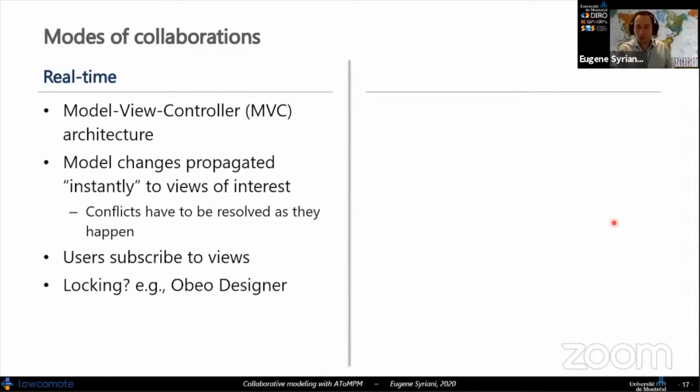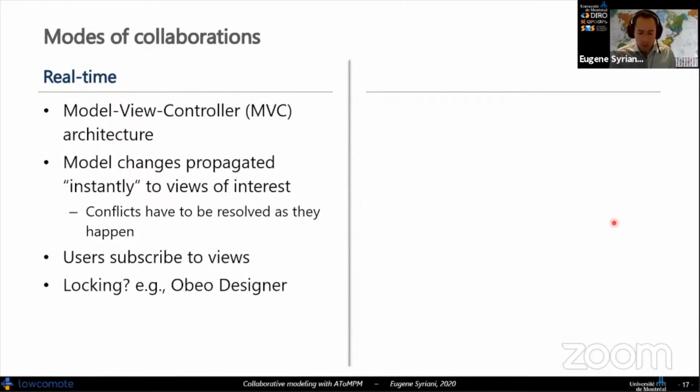So in this case, usually the architectures rely on an MVC architecture, where the model changes are propagated almost instantly to the views of interest, and the conflicts have to be resolved as they happen, right? So a user subscribes to a view, which basically defines a projection of the model, and that's how multiple users can interact with the same model, for example.